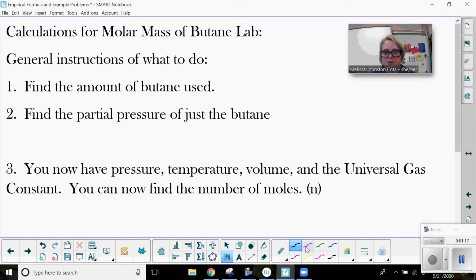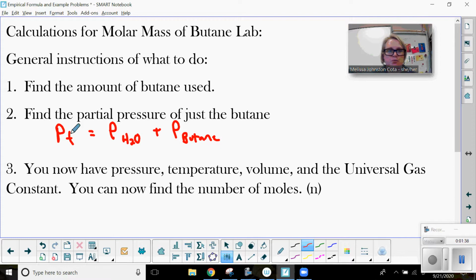So I have this formula, and you're just going to have to trust me on a couple pieces of data here. The total pressure of the system is going to be the pressure of the water plus the pressure of the butane. I want the pressure of the butane.